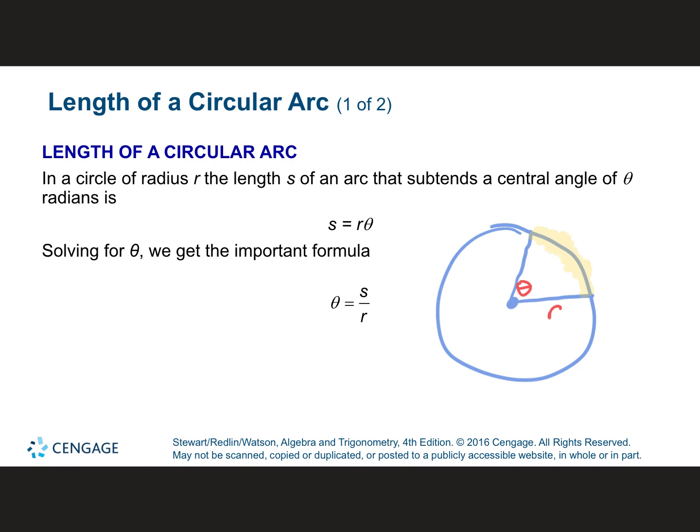So here's the formula for the arc length. S equals R times theta. R is a radius. It's the length from the center of the circle to a point on the outer rim of the circle. And then your theta. So you're going to use this formula. It's super easy.